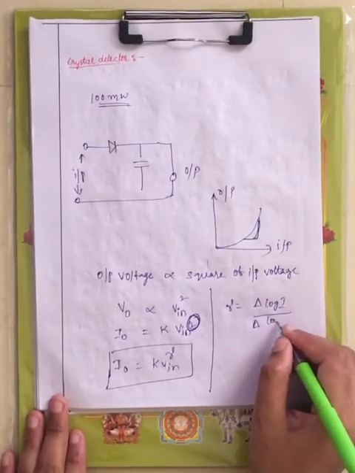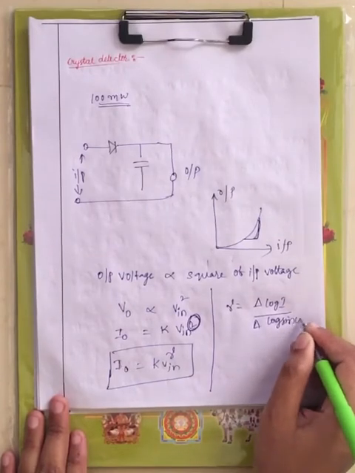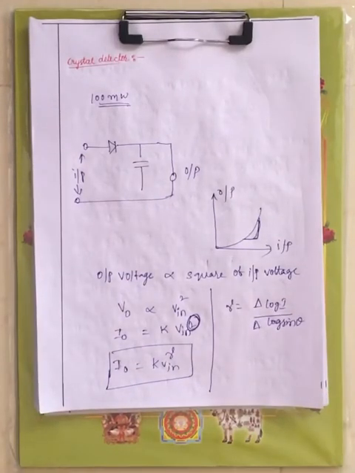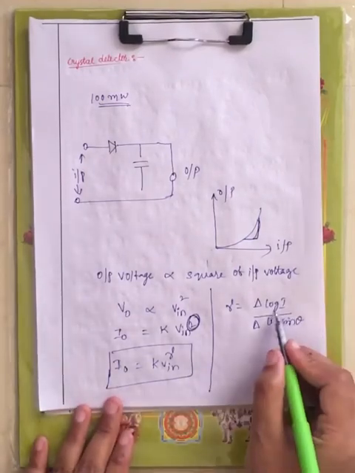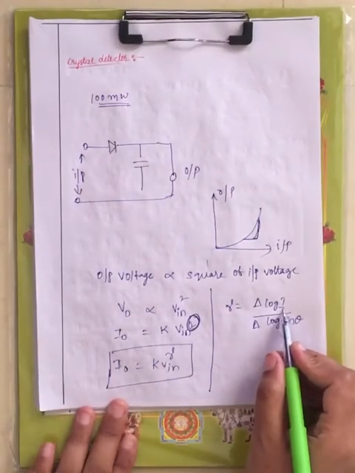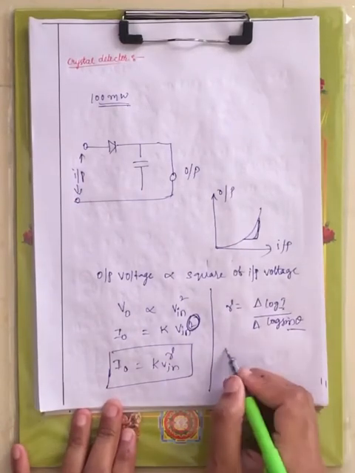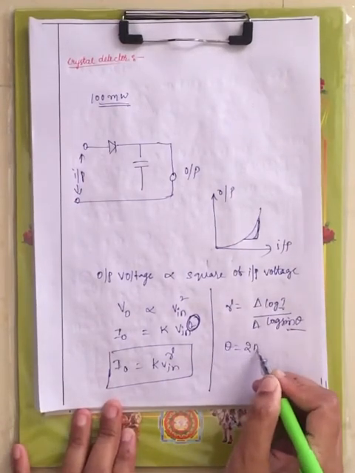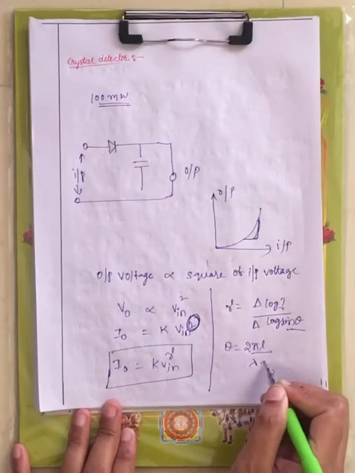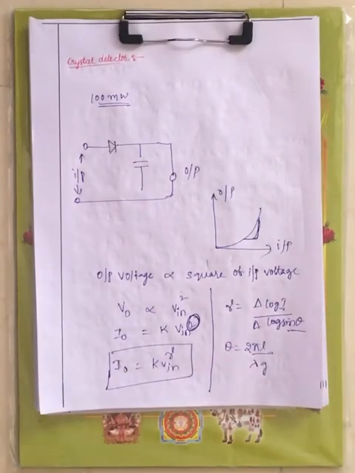I is the current given to the device. You will vary the current, and according to that you will find the theta value. Theta is nothing but 2 pi L by lambda g.